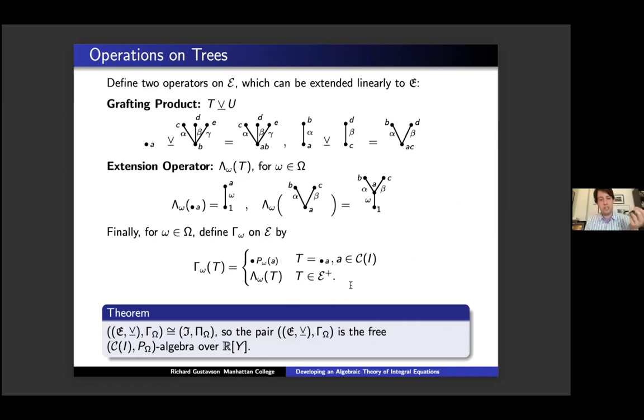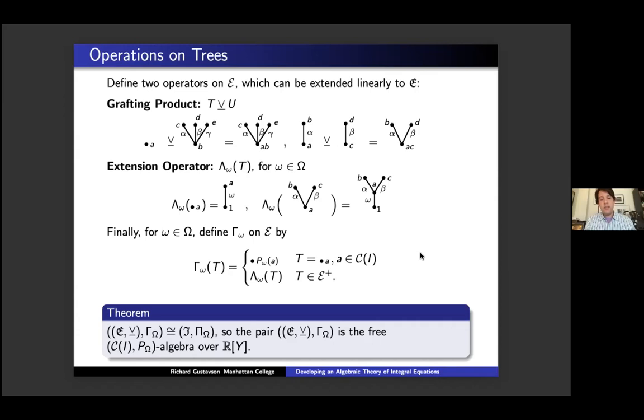And if our tree is just the singleton, the single vertex, the single root labeled by an element of C of I, then gamma omega just continues to have that single root, but now it's labeled by P omega of that element A. And with this construction, we can prove that this collection of trees, together with the gamma omega operator, is isomorphic to the set of bracketed words I with the pi omega that was defined previously.